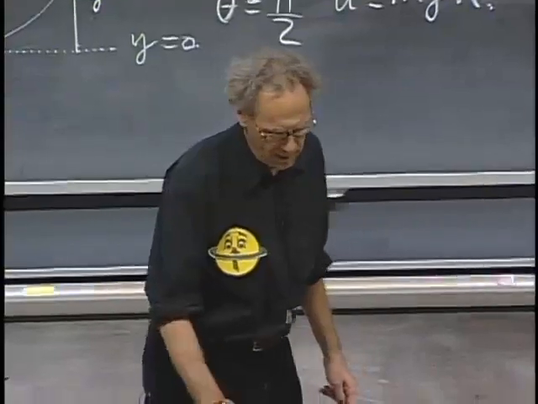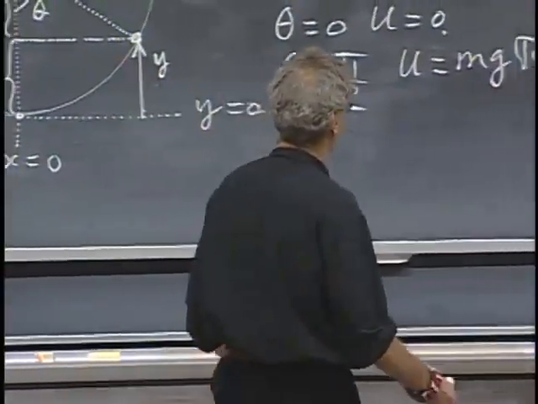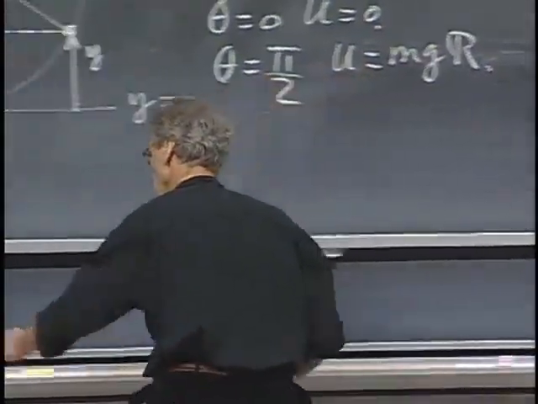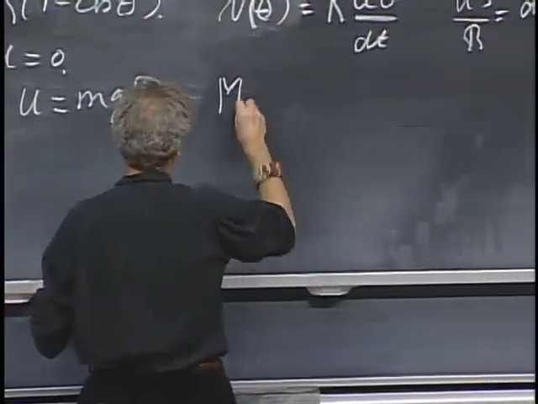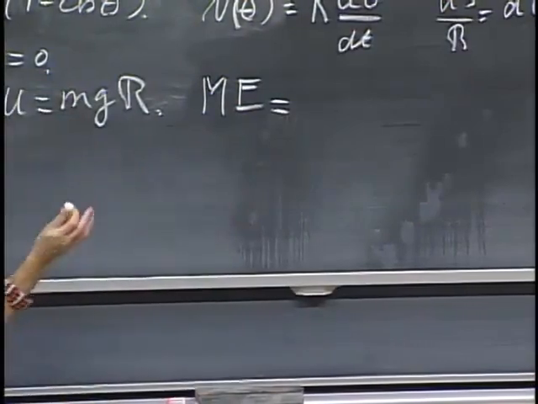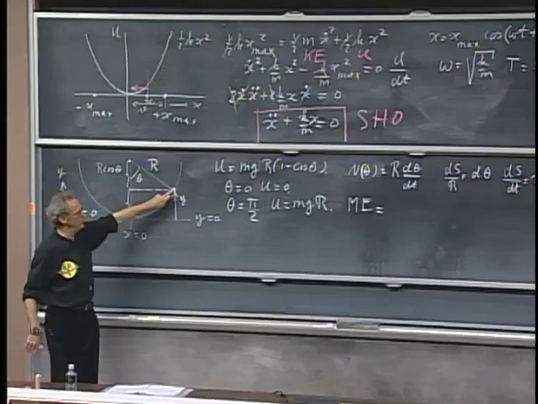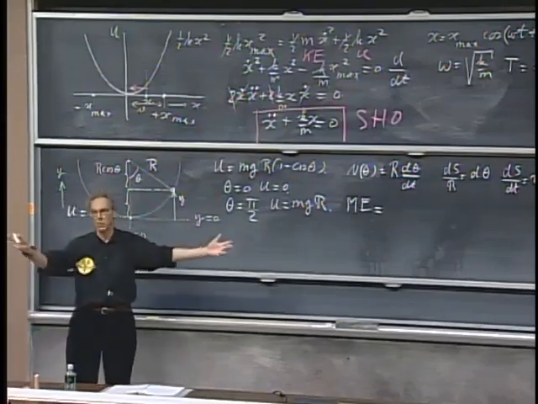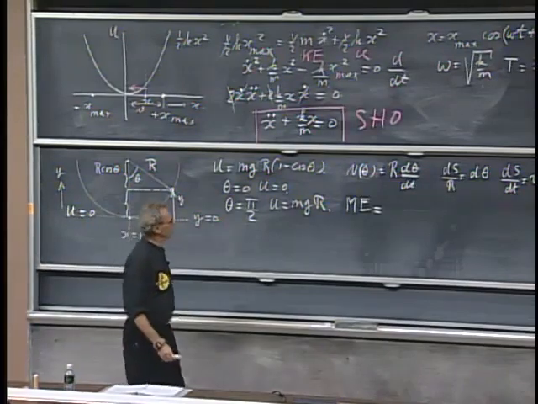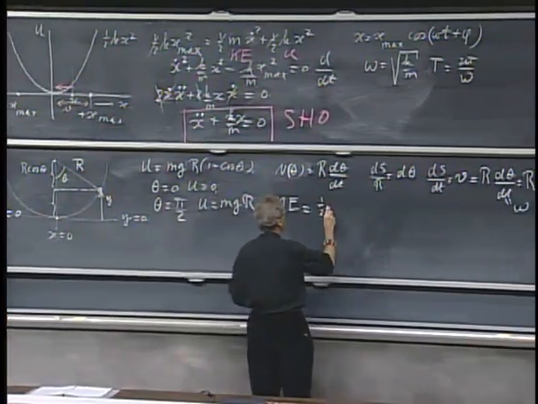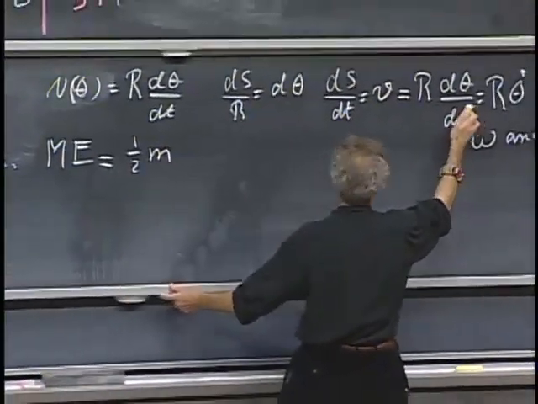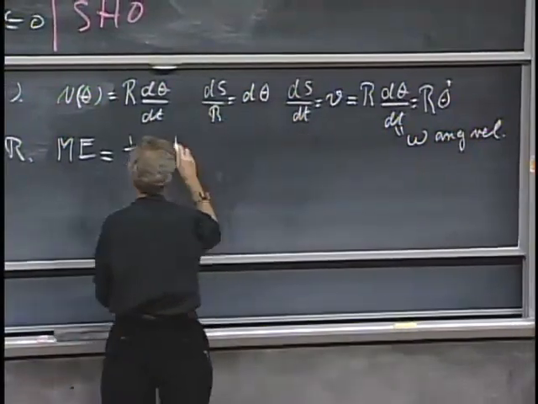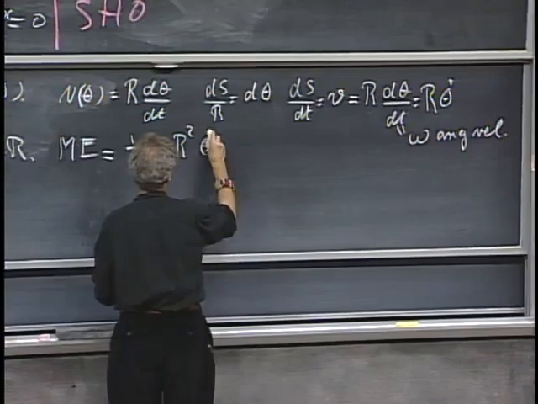So I can now apply the conservation of mechanical energy, because I know what the velocity is at any angle theta, and I know what the potential energy is. So let the total energy be just the mechanical energy, which depends on my initial conditions wherever I start. Maybe I release it here with 0 speed, maybe I give it a little speed. It is a number. It is a constant. So that is going to be 1/2 mv squared at a random angle theta, and this is v, so that is r squared times theta dot squared.